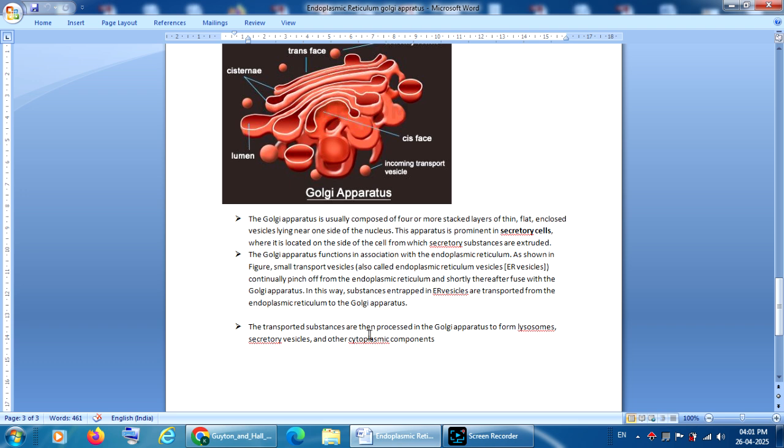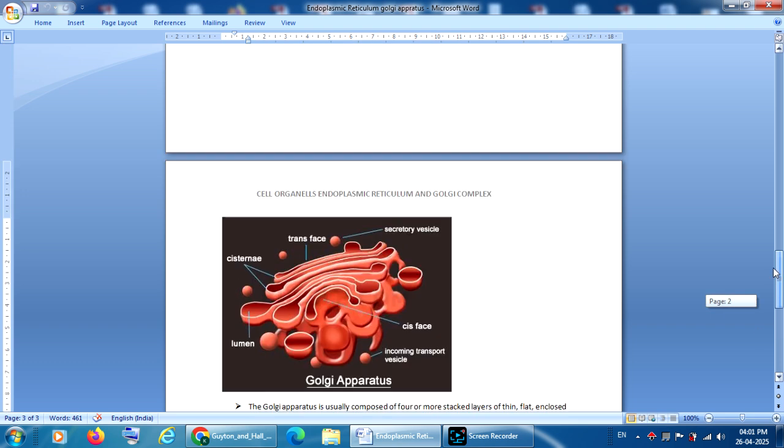These substances are then processed in the Golgi apparatus to form lysosomes. Lysosomes are called the suicidal bags of the cell, and also some secretory vesicles and other cytoplasmic components. Understand?